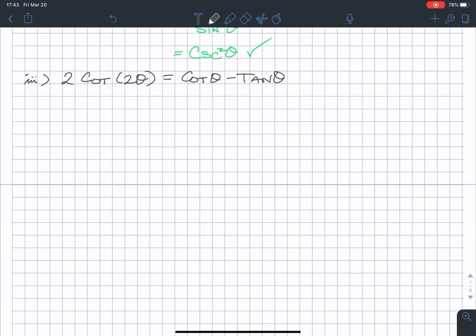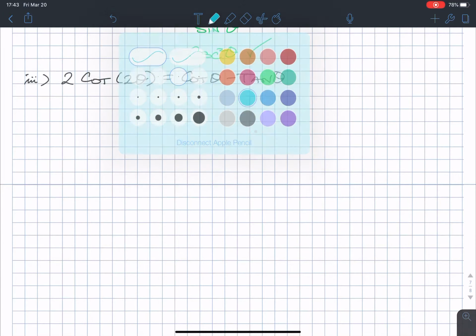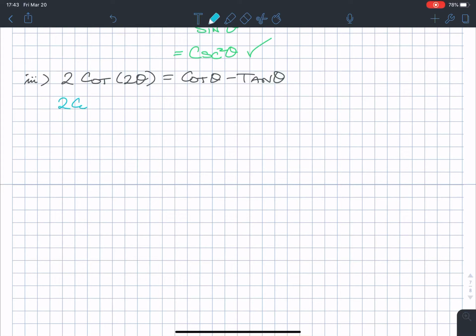So I'm going to start on the left, actually. So 2 cotangent of 2 theta, I claim, is going to be 2 divided by tangent of 2 theta, because tangent and cotangent are reciprocal identities.